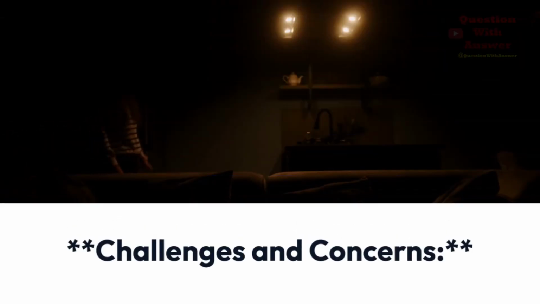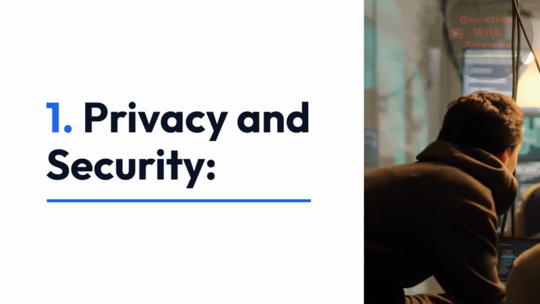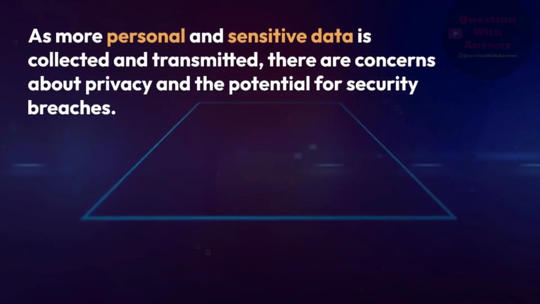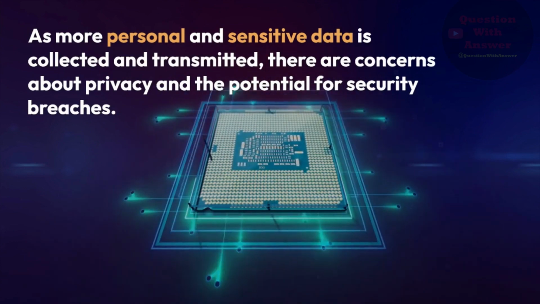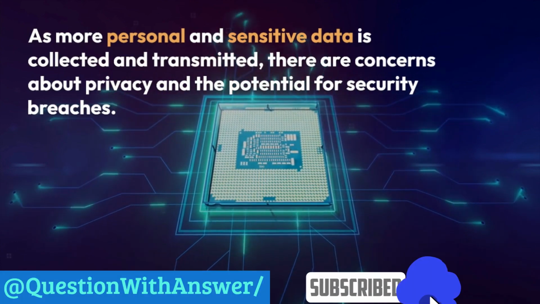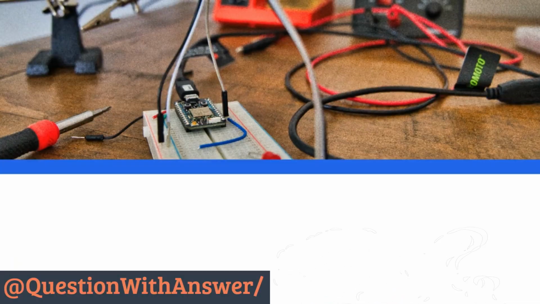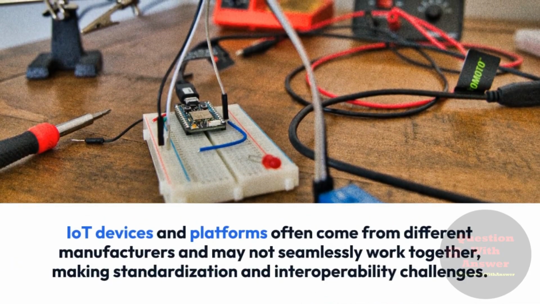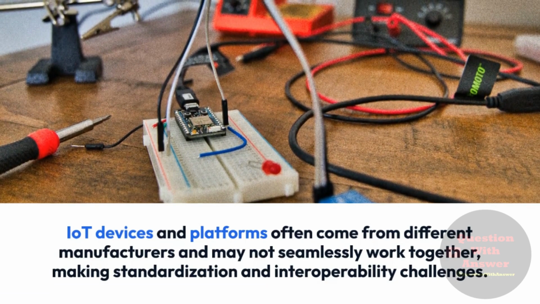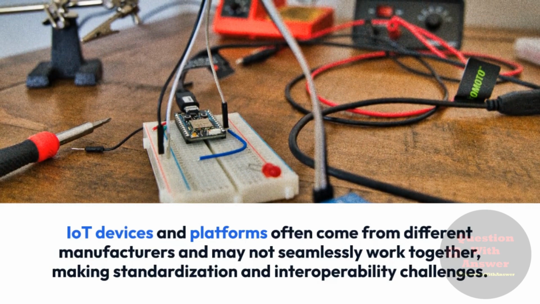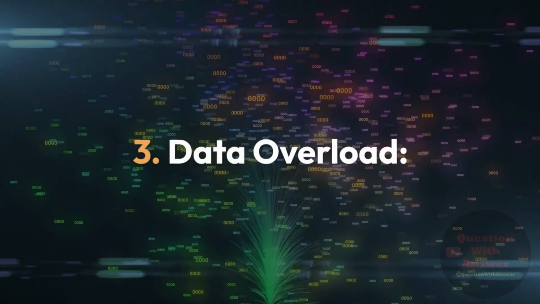Challenges and concerns. 1. Privacy and security. As more personal and sensitive data is collected and transmitted, there are concerns about privacy and the potential for security breaches. 2. Interoperability. IoT devices and platforms often come from different manufacturers and may not seamlessly work together, making standardization and interoperability challenges. 3. Data overload.